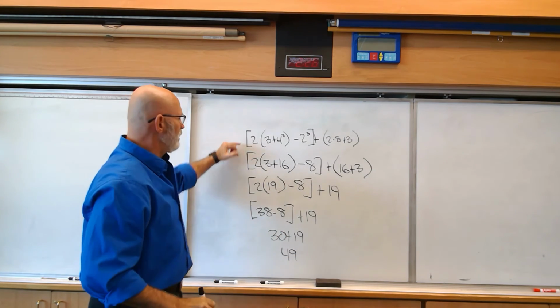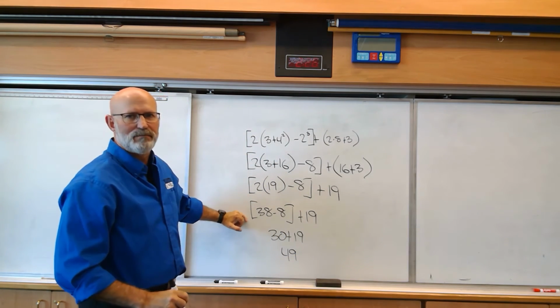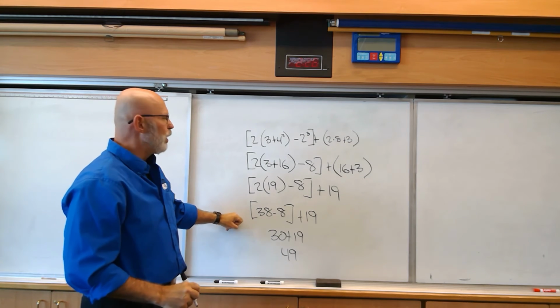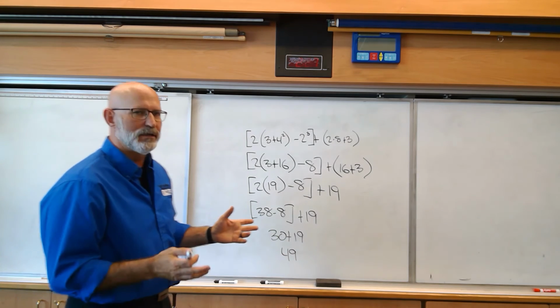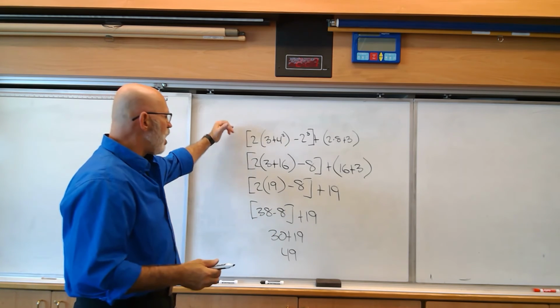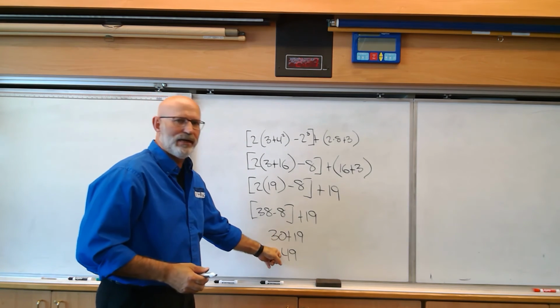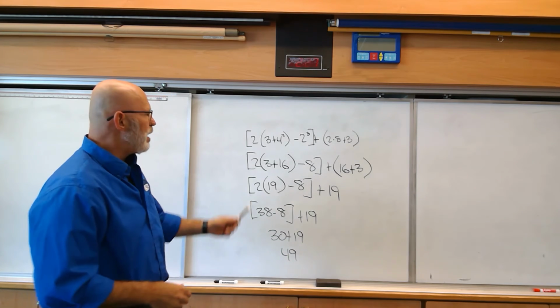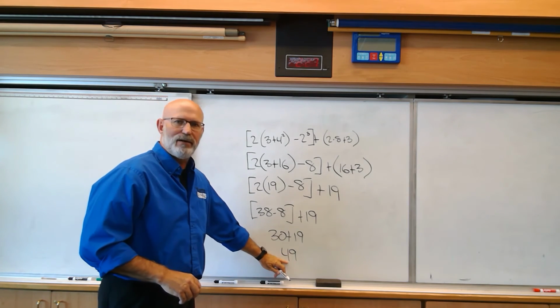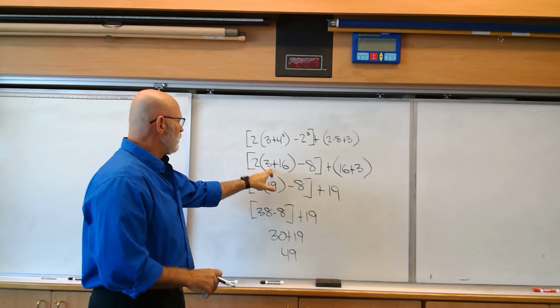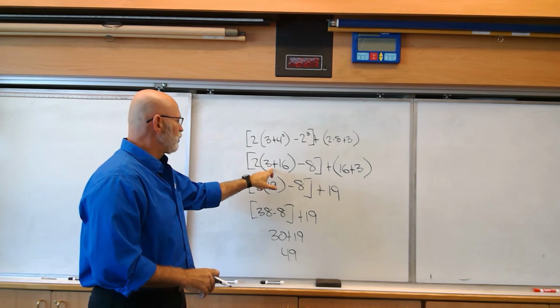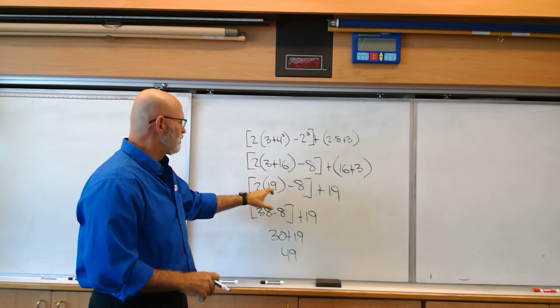Okay, you'll see that each step I did another part of the equation, whichever came first, second, third, fourth, or whatever in PEMDAS, in order to keep all this straight. Now, when I get down to here, I should be right. But if I made a mistake here, I can go back and look and see, well, oh shoot, 3 plus 16 is 19.